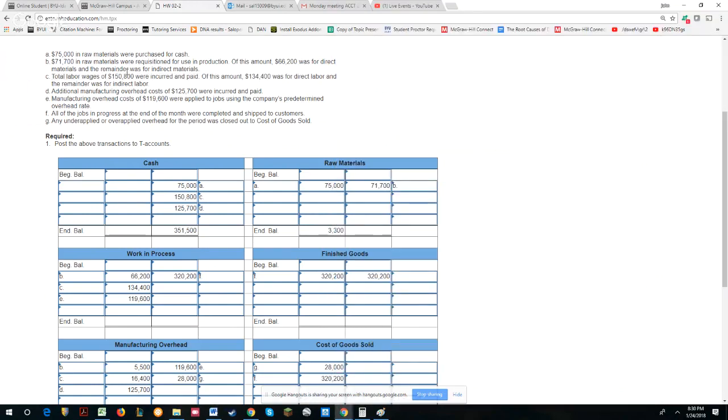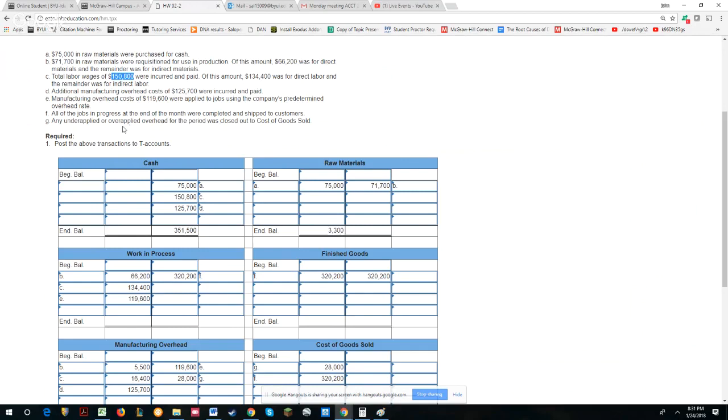So that's what I did here. I took the total. You did the indirect labor is the manufacturing overhead. That's a debit to manufacturing overhead. That's right. And then the direct labor was work in progress. Yep. Debit to work in process. Yeah, I always say progress because it rolls off the tongue. It makes more sense anyway.